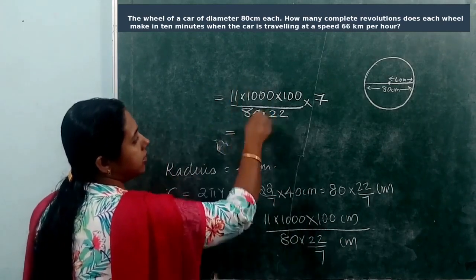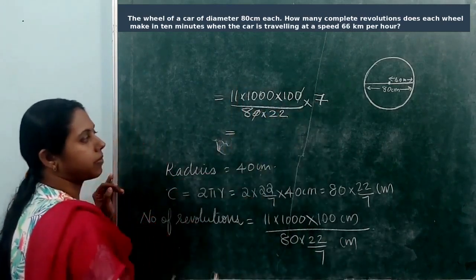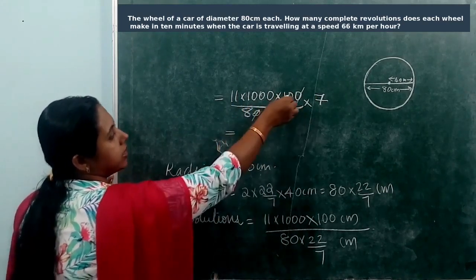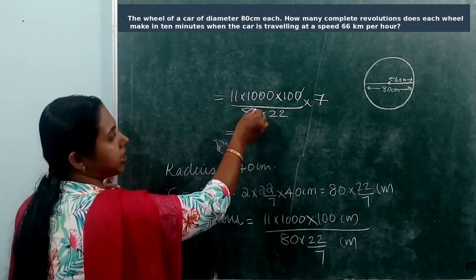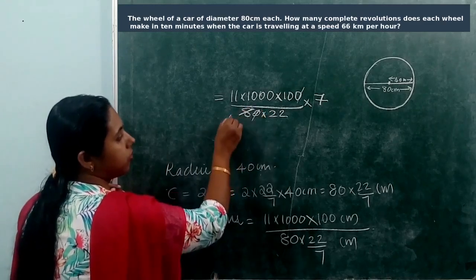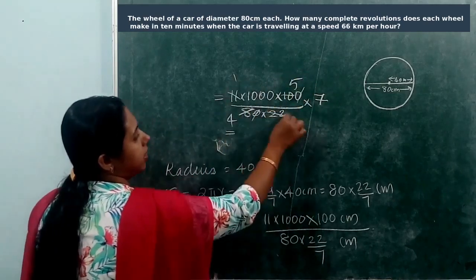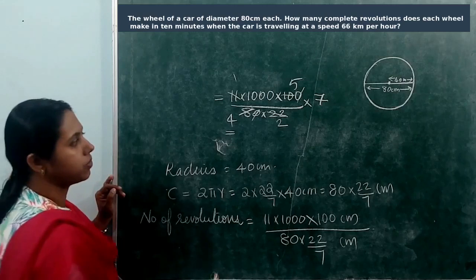That is equal to, here 1 zero is cancelled, and here it is 10 and 8, there will be a common factor 2. So 4 times here, 5 times 1 is 5, 11 is 11, 2 11s are 22.